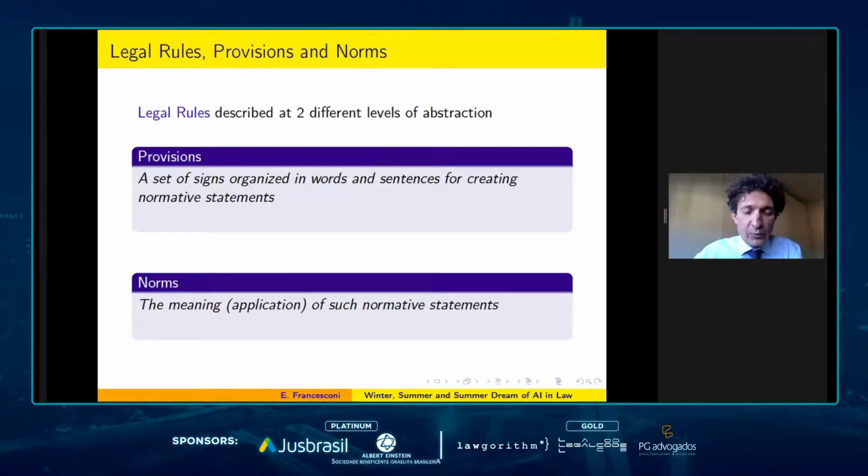So we can say that provisions are textual objects that can be used for applications like information retrieval or legal drafting, and norms are social objects. And so we can use such representations in terms of, let's say, legal compliance or other such kinds of applications.